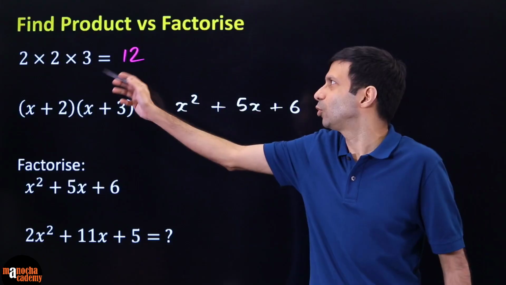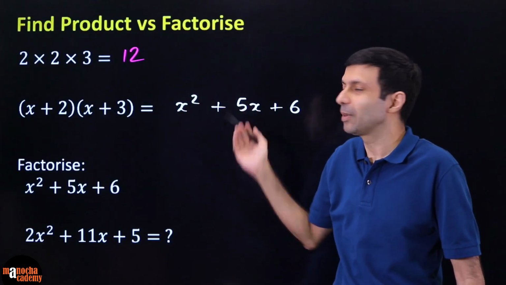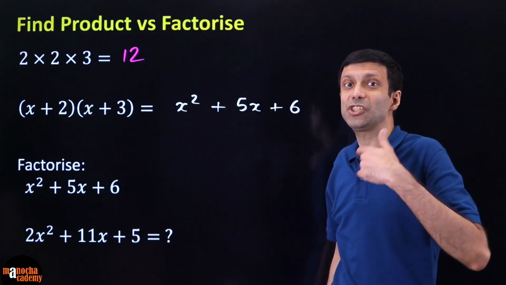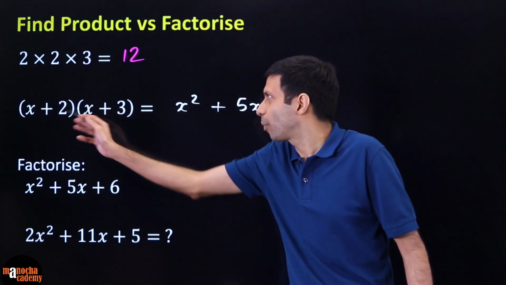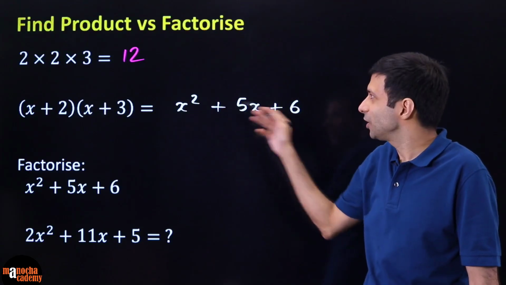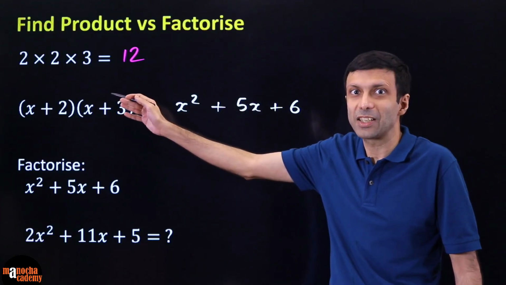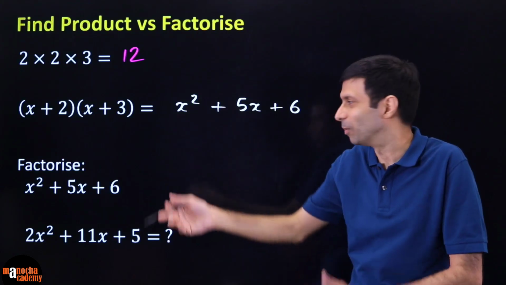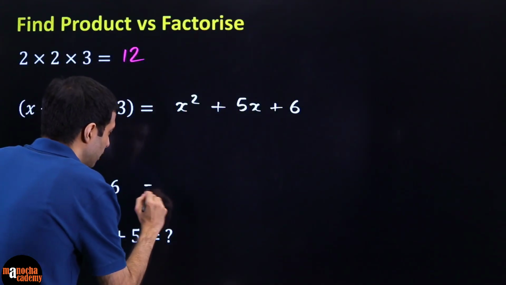So this we say is finding the product. Just like 2 times 3 is 6, this you do in arithmetic, and this in algebra is finding the product. Now factorization is the exact opposite of it. Here we are turning the sum of expressions into a product form. We want to find its factors. So x squared plus 5x plus 6: what are the factors?